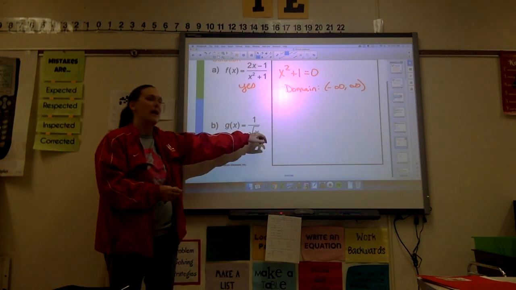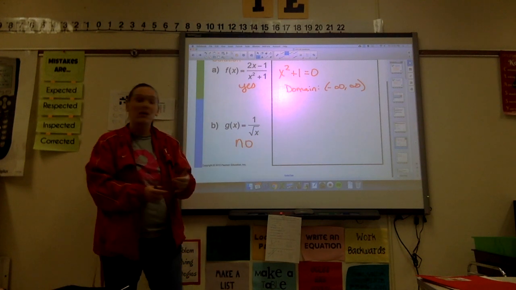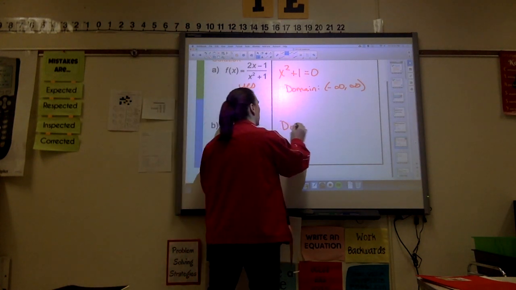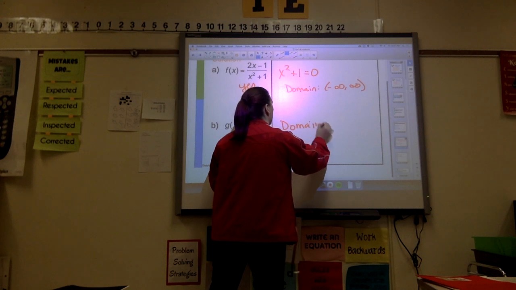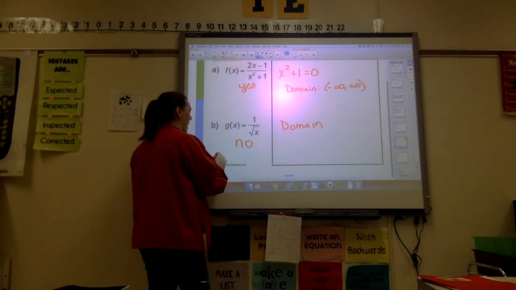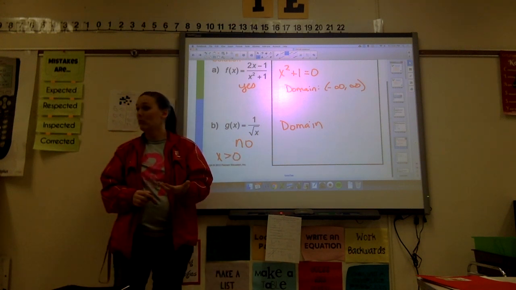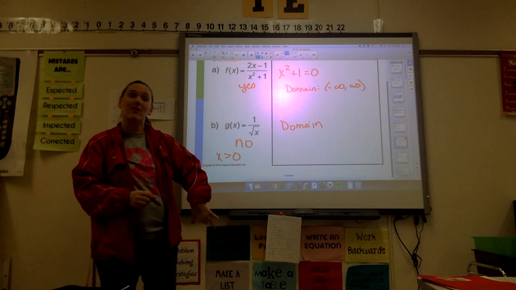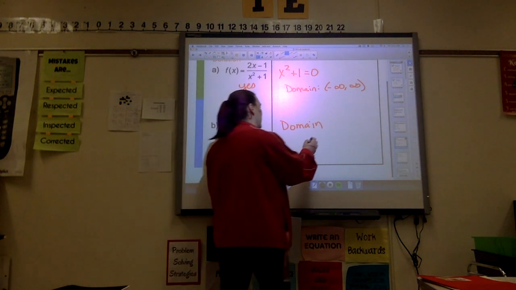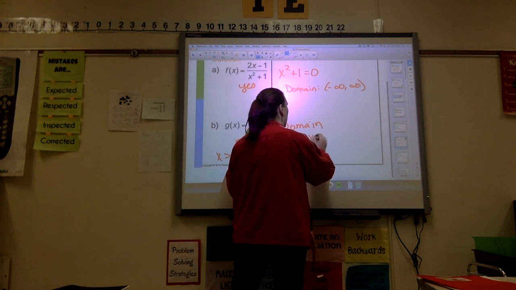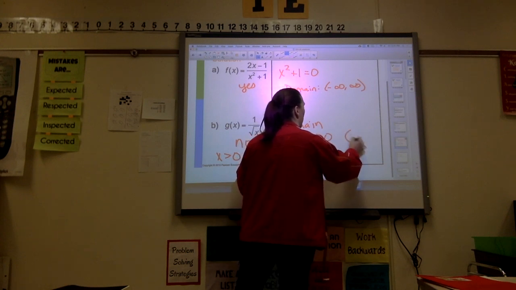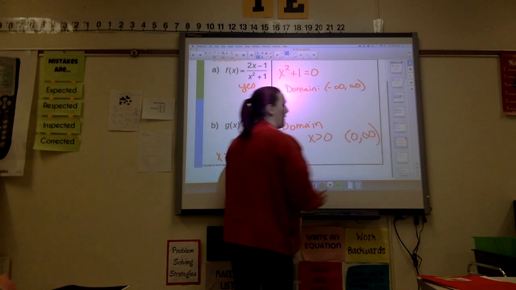We can't do square root of a negative for having a real graph there. So our domain, we are technically looking where x is greater than 0. Normally the square root is greater than or equal to, but because it's underneath the denominator, we cannot have the equal to part. So x greater than 0, or you could do parentheses 0 to infinity, parentheses.